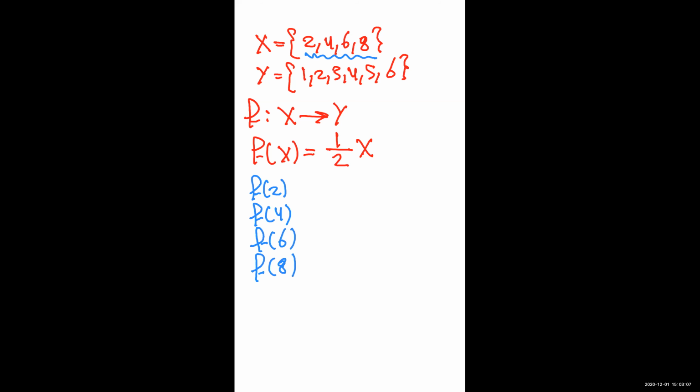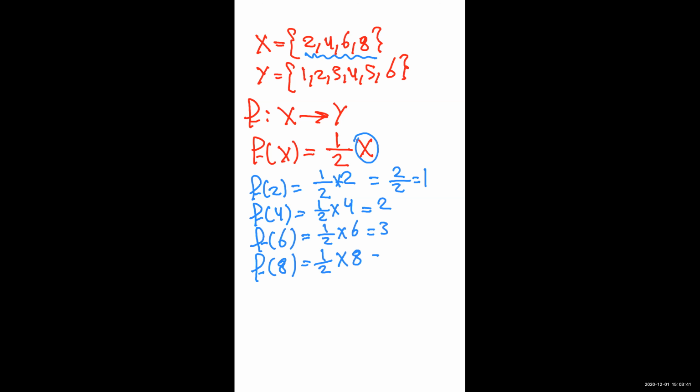First, f of 2 will equal 1 over 2 times 2, which is 2 over 2, which equals 1. Then f of 4 equals 1 over 2 times 4, which equals 2. f of 6 is 1 over 2 times 6, which equals 3. f of 8 is 1 over 2 times 8, which equals 4.